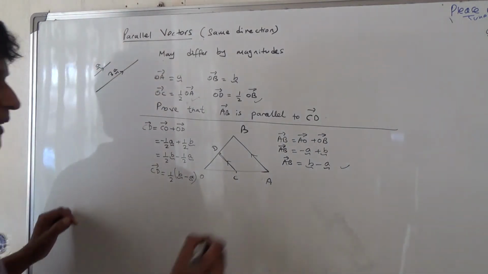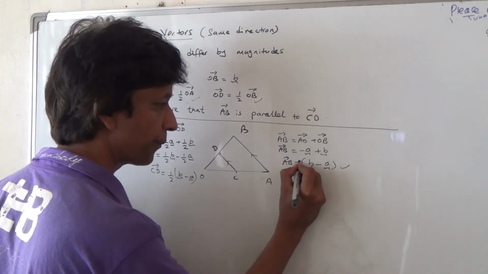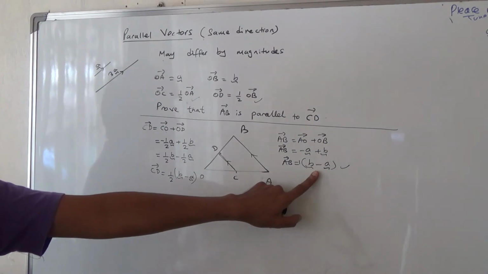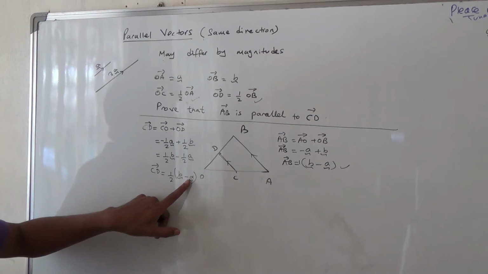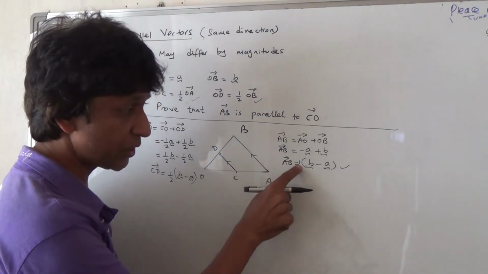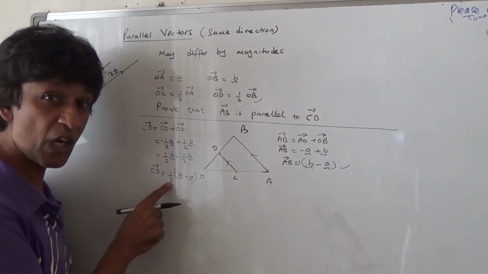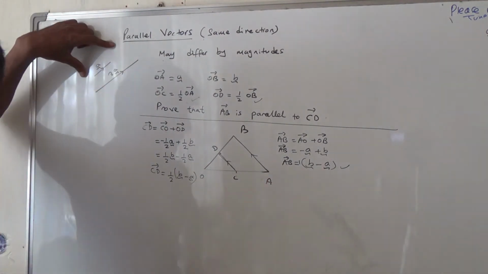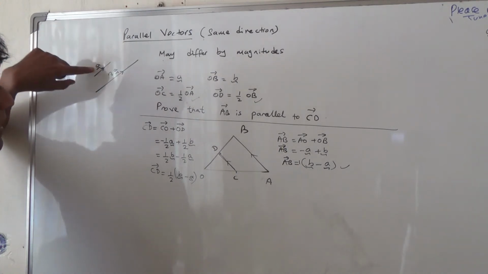What is common with these two vectors? Let us look carefully here. Vector AB is B minus A. Vector CD is also B minus A, except for one thing, that the vector AB has a magnitude of 1 and the vector CD has a magnitude of half. A vector can be in the same direction, but they can differ by magnitude.